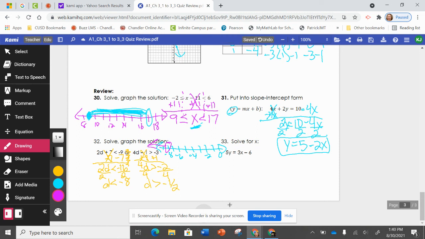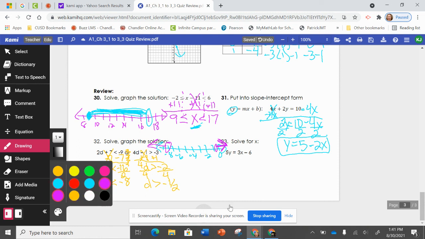Then we have an open circle at -1/2. So we're estimating that right here in between the -1 and the 0. This is greater than is right. And so there's our arrow to the right. Remember, or means opposite arrows. Or opposite, or opposite.